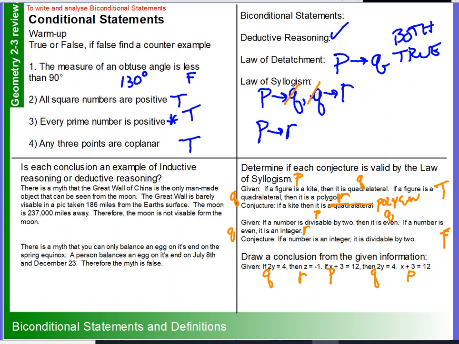So what's the conclusion if x plus 3 is equal to 12? Yeah, so z is equal to -1 is our conclusion.